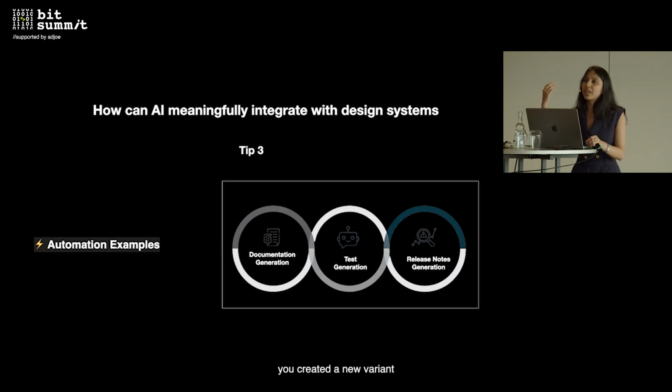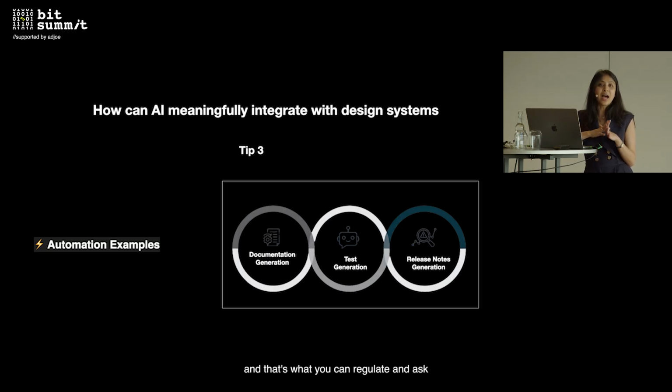For example, you created a new variant and a new size, and now you have 4 variants, 4 sizes of your button component, and let's say 2 focus states, which means you have 4 times 4 times 2, which is 32 combinations of a button state at a particular time. You have to manually test all those states and make sure it's working in the system, which is quite a tedious task. And that's what you can delegate and ask AI to do for you.